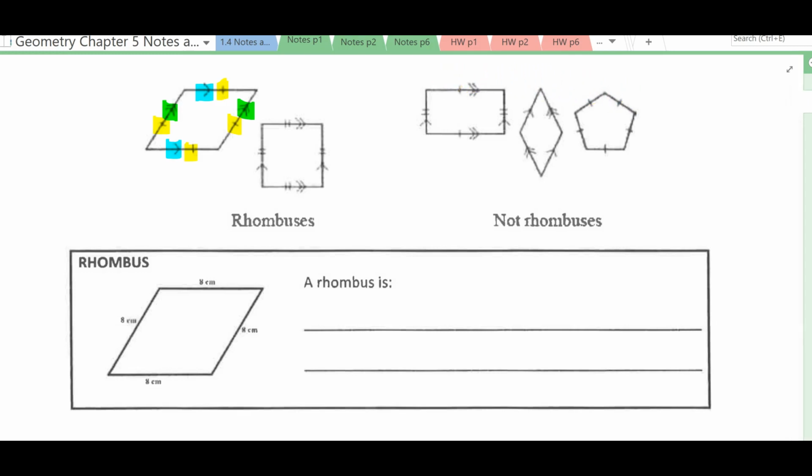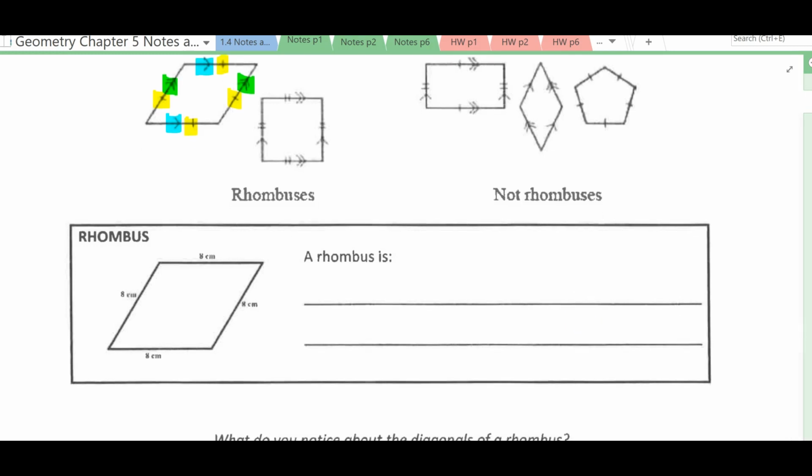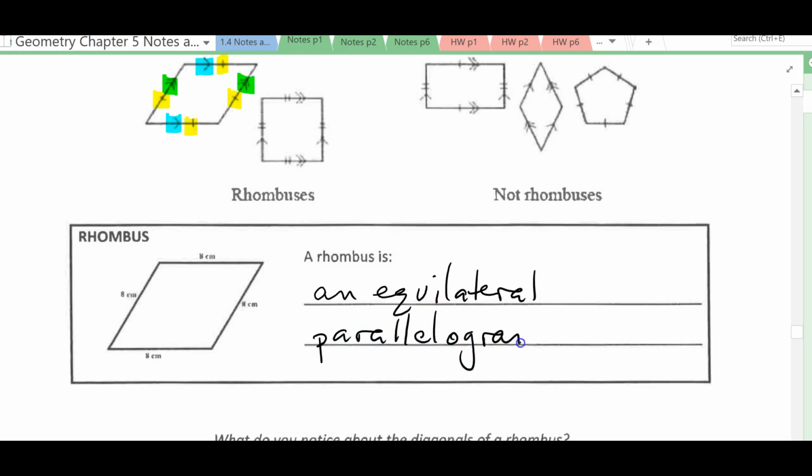So the definition of a rhombus here is an equilateral parallelogram. Okay, so you'll notice in the definition it has to be a parallelogram, then we make all the sides equilateral and it becomes a rhombus.